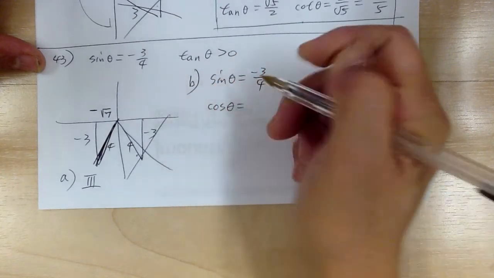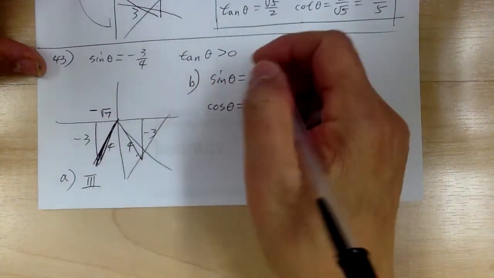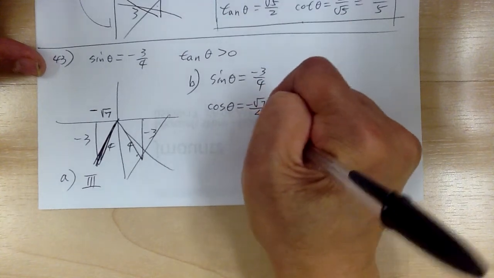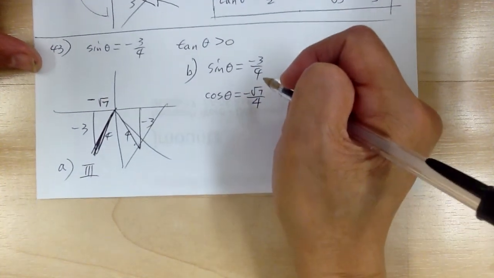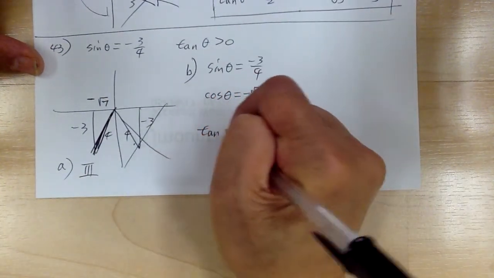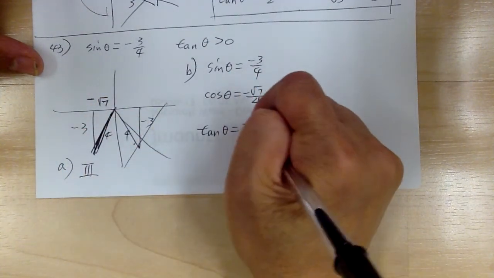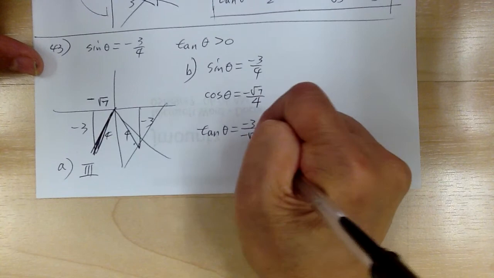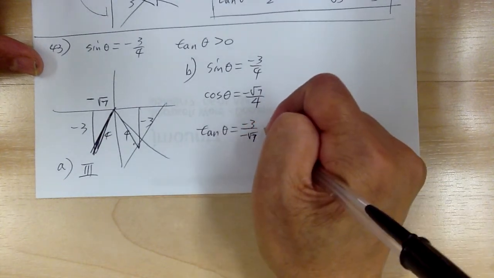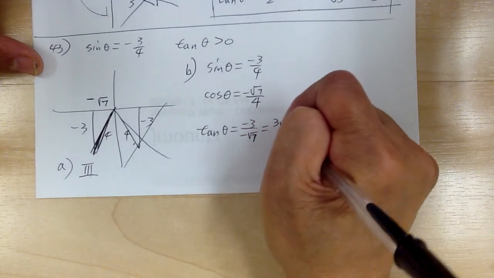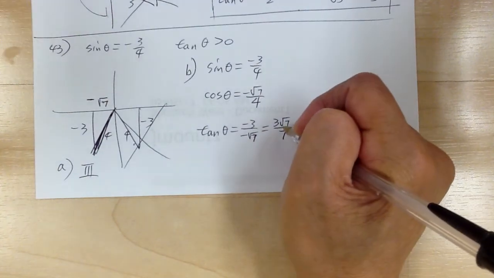Cosine theta is this over this, so it would be negative square root of 7 over 4. Okay, and tangent theta equal to sine over cosine, so it would be negative 3 over negative square root of 7. The negatives cancel out, and you simplify, you're going to get 3 square root of 7 over 7.